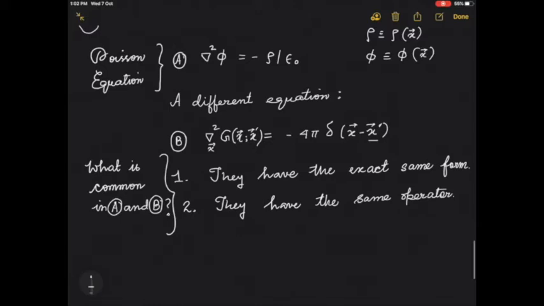What is a Green's function, which is defined through this equation where grad squared g is minus 4 pi delta, and there are certain conditions which are the same as with the potential.